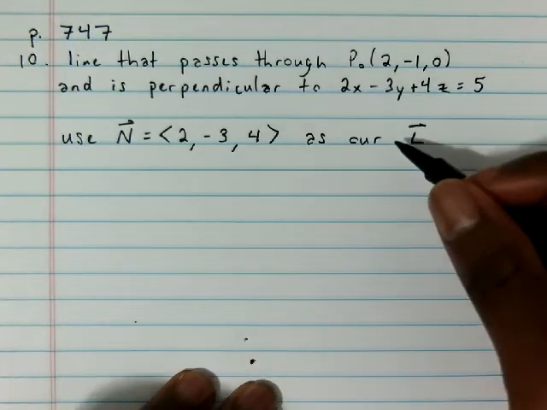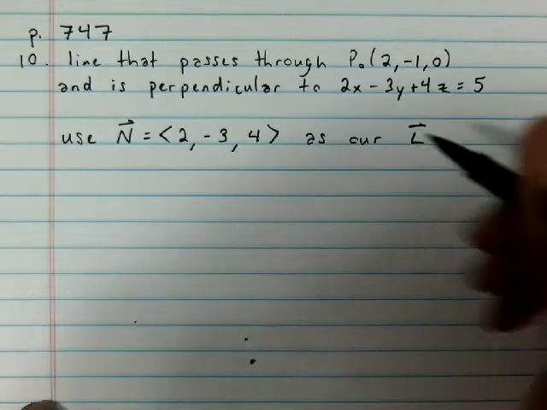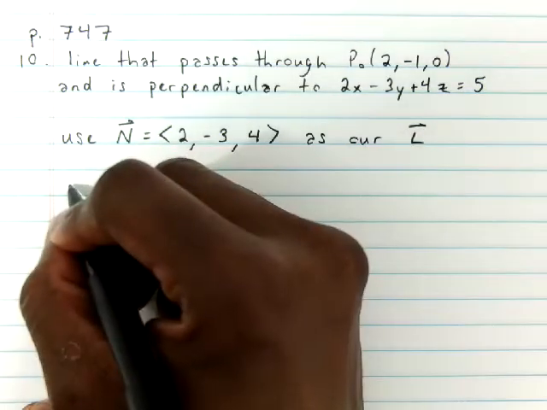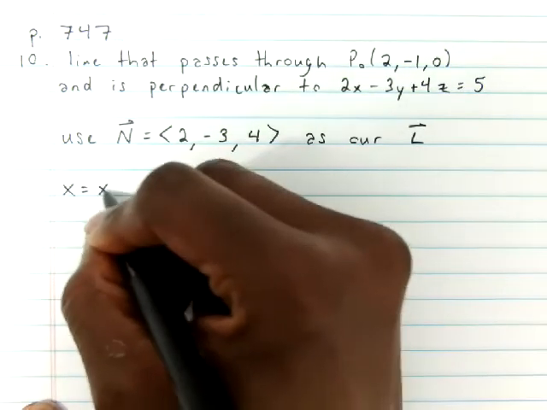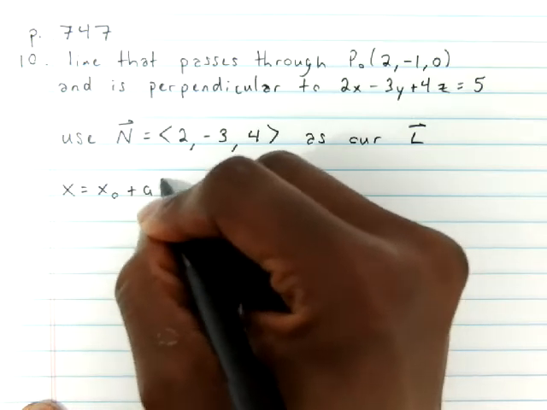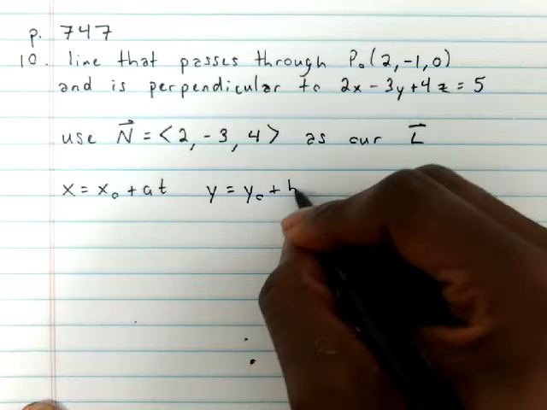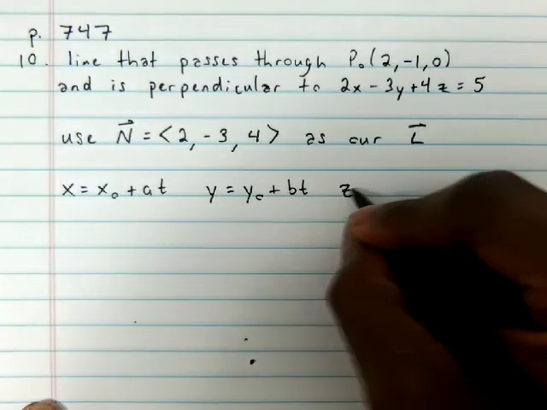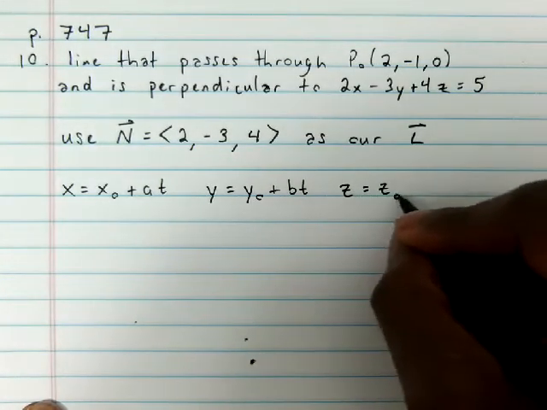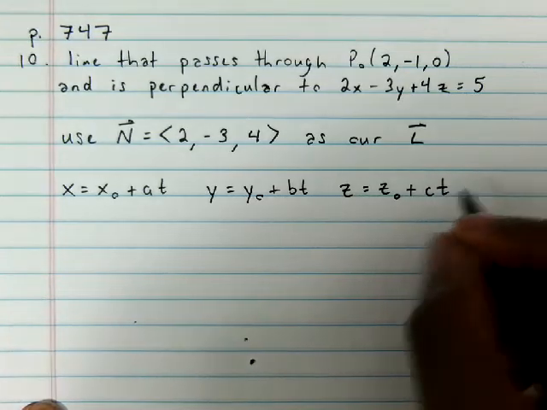They want parametric equations, and parametric equations, remember, are x equals x naught plus at, y equals y naught plus bt, and z equals z naught plus ct.